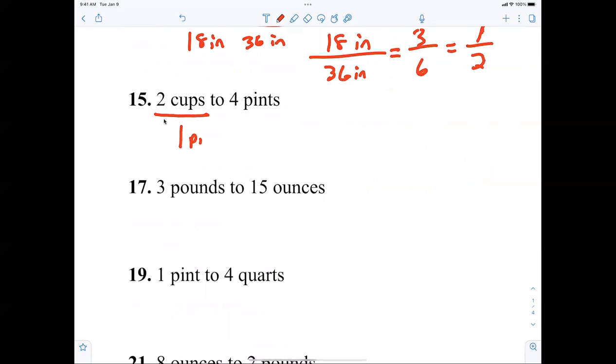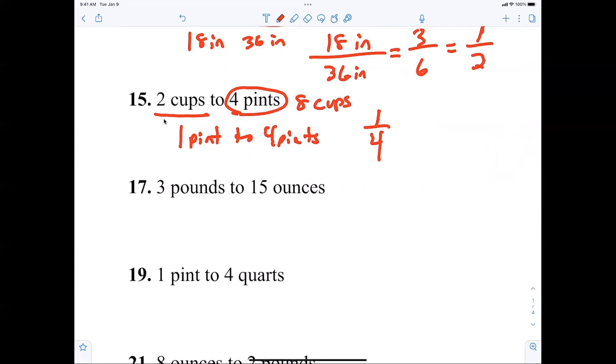So it's just 1 pint to 4 pints. And what is that the same as? 1/4. Now, some of you like saying, can I change 4 pints to 8 cups? And that would be true. And then 2 over 8 reduces to what? 1/4. Same thing. I told you how easy this was.